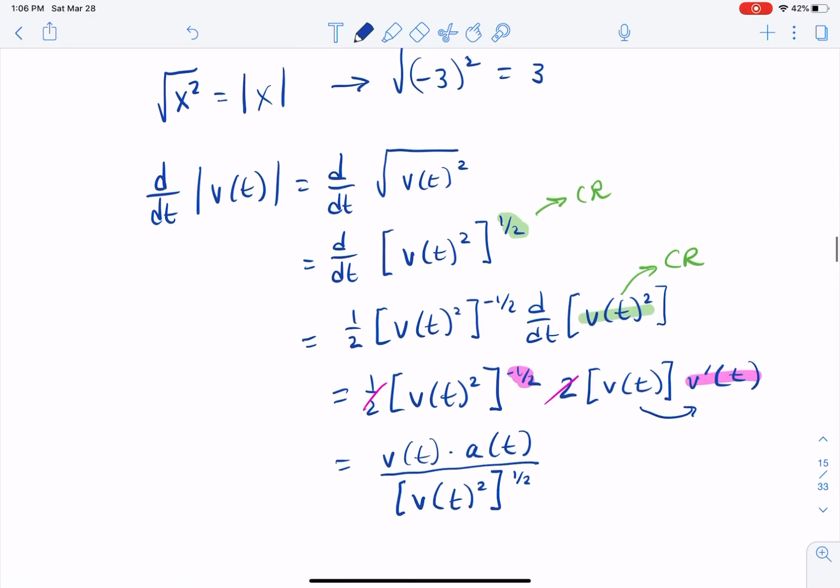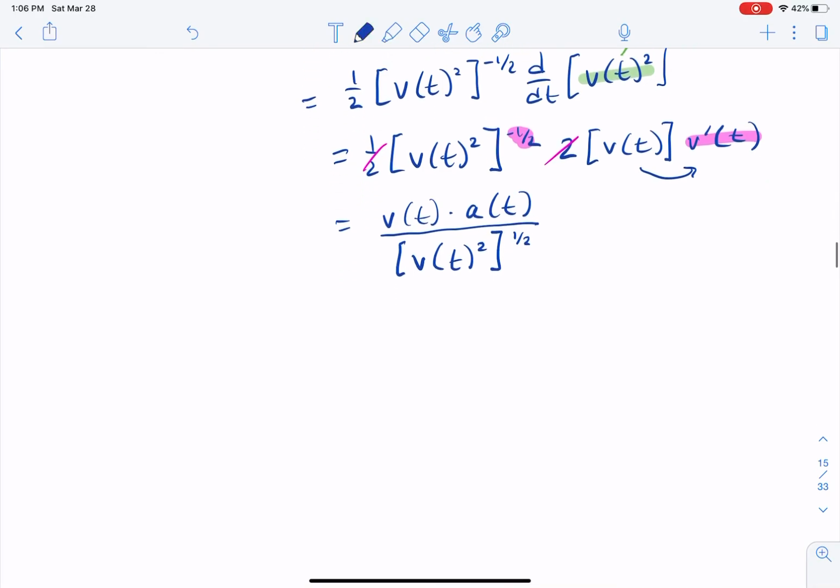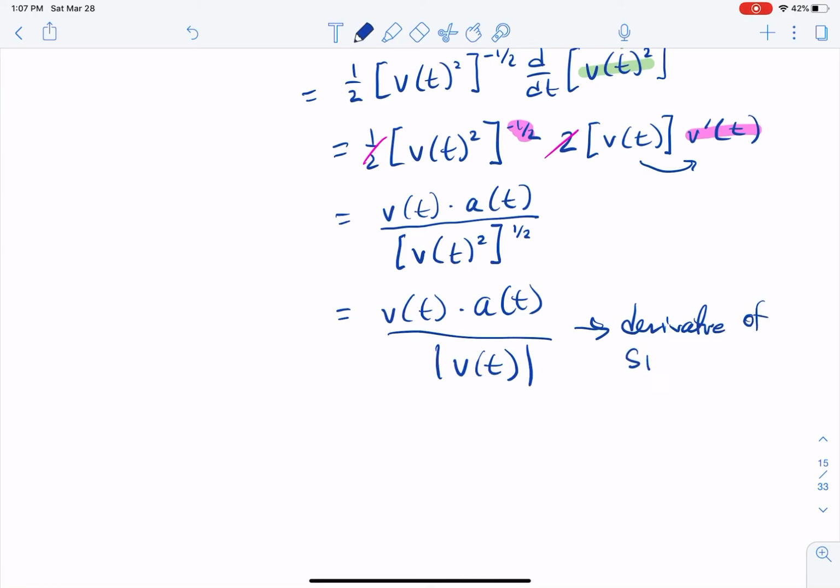So remember how we defined this right up here: the square root of the velocity function squared is the same thing as the absolute value of the velocity function, which is our speed function. So I'm going to rewrite it one more time: v of t times a of t over the absolute value of v of t. So this is the derivative of the speed function.